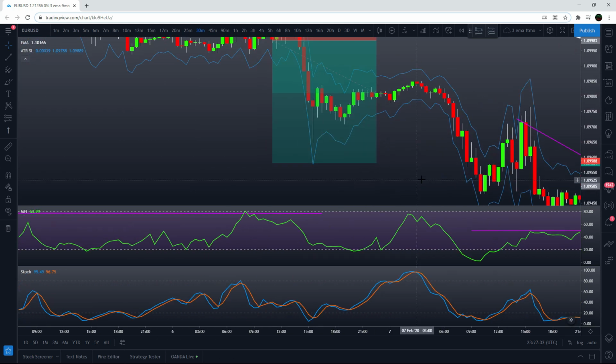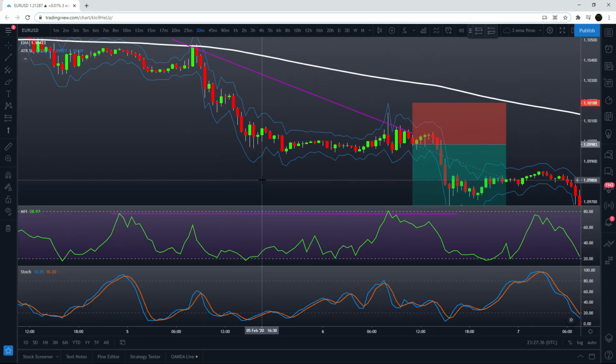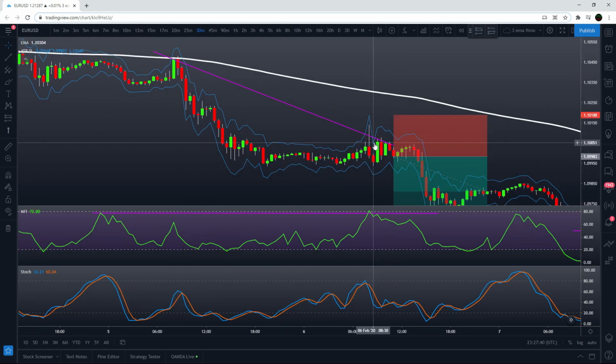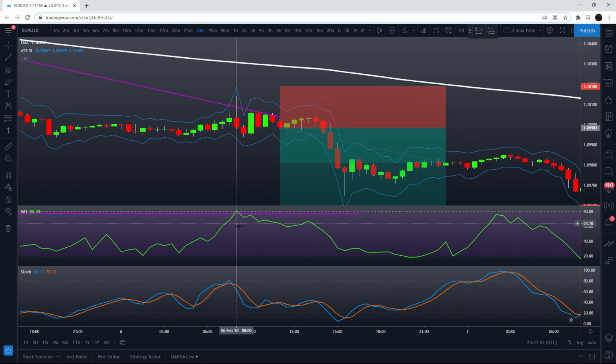And then I'll show one more example here to show what I'm going to be testing for. So in this example, you can see we have this pullback, get a lower high, but at the same time, the money flow index makes a higher high compared to the highest point over here on the money flow index. On this one, you can see that the stochastic has already crossed down when it makes the hidden divergence.